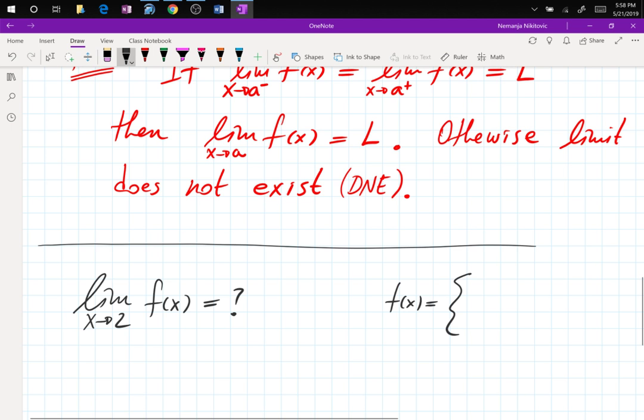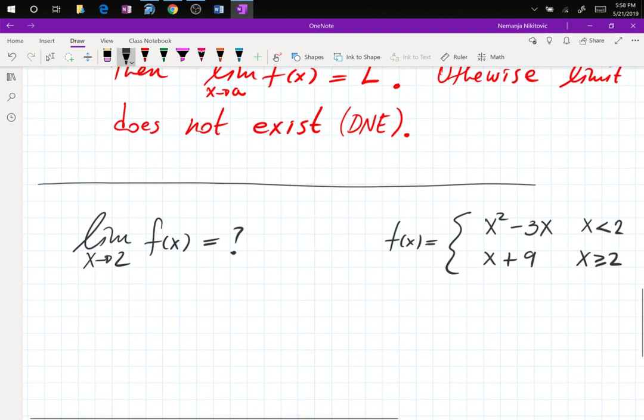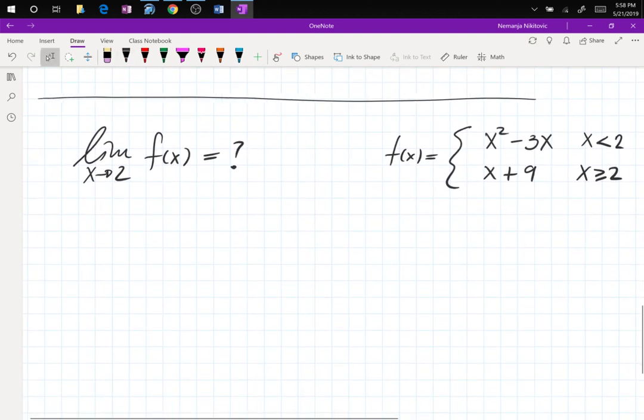Say over here you have x squared minus 3x for all x's less than 2, and then you have x plus 9 for all x's bigger than or equal to 2. Sure, you can graph this. No one cares because we don't need it.